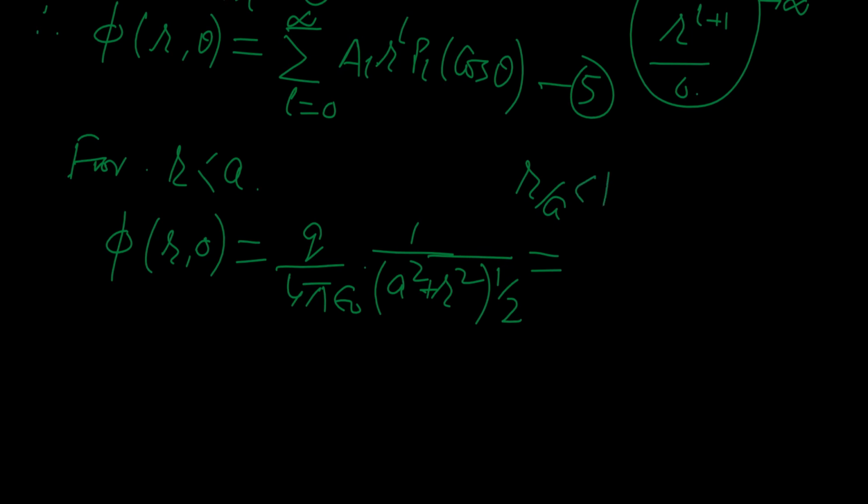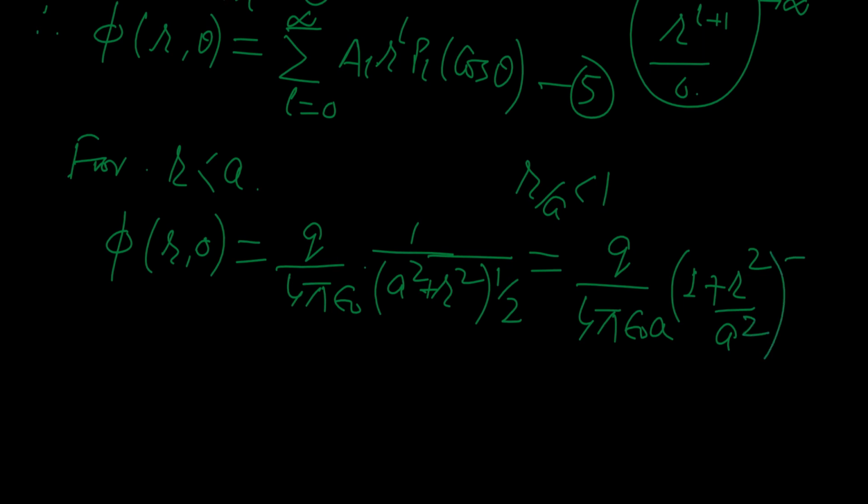So in this case, we take out this a square as a common factor, and hence our result will be q over 4 pi epsilon naught a into 1 plus r square over a square to the power minus half.